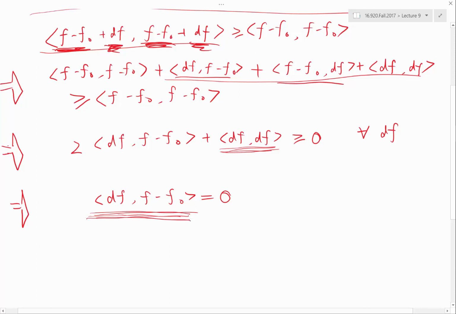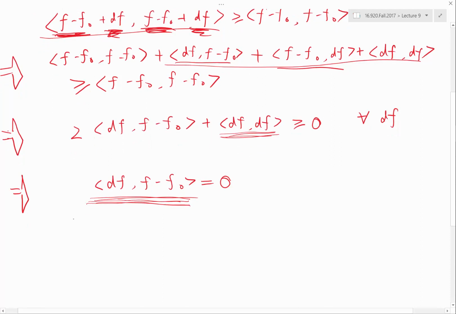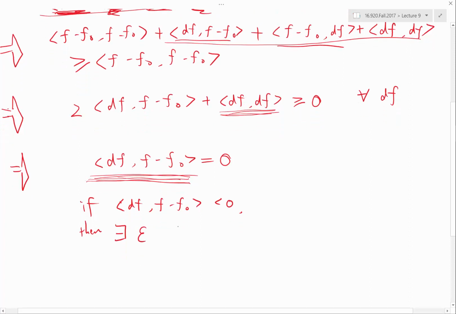So there exists a very small value epsilon such that epsilon df, f minus f0 plus epsilon df, which is epsilon squared times df, df, can also be less than 0, right?